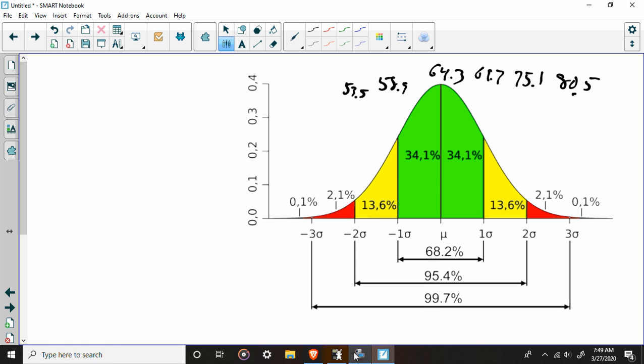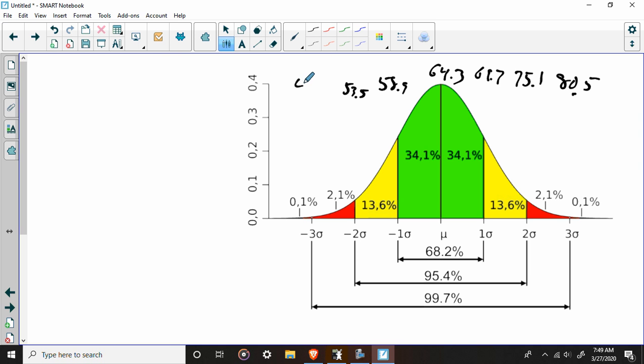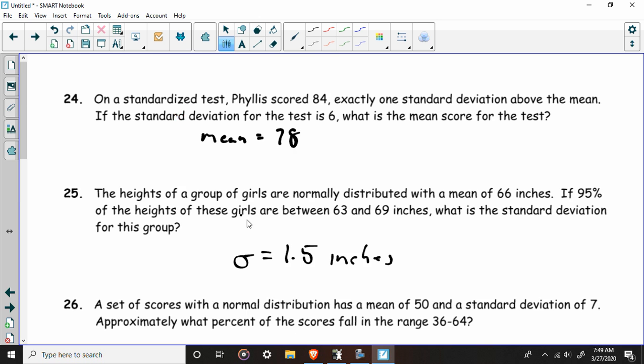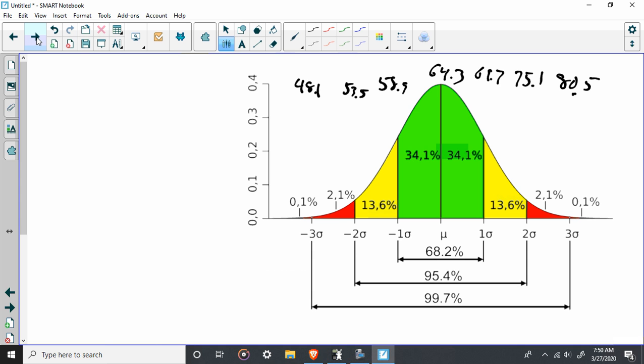And one more time, just to be sure, minus another 5.4 is 48.1. Okay, so what do they want to know? What percent of scores fall between 61.6 and 75.1?